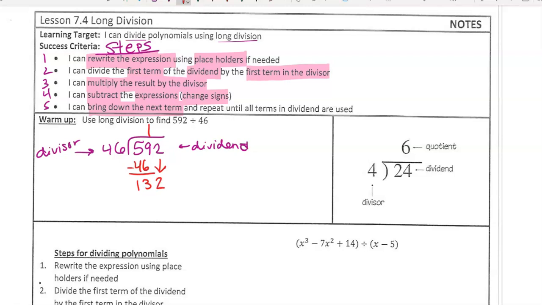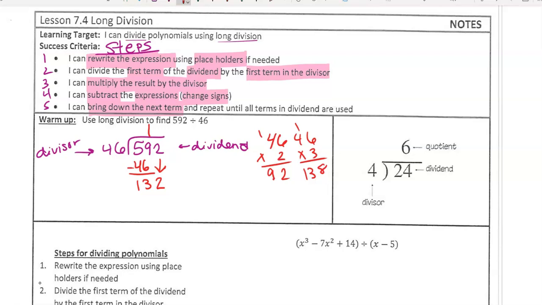Now, how many times does 46 go into 132? Off the top of my head, I don't know. So if we said 46 times 2, 6 and 2 is 12, 4 and 2 is 8, plus 1 is 9. Okay, it definitely goes in 2 times. Could it go in 3 times? No. 3 times would be 138.